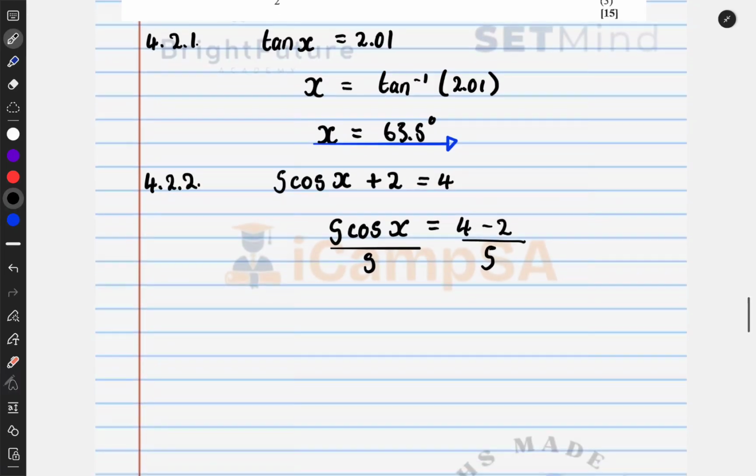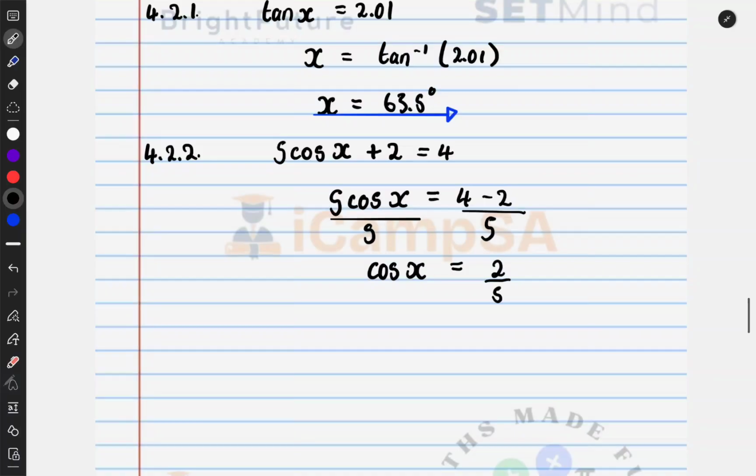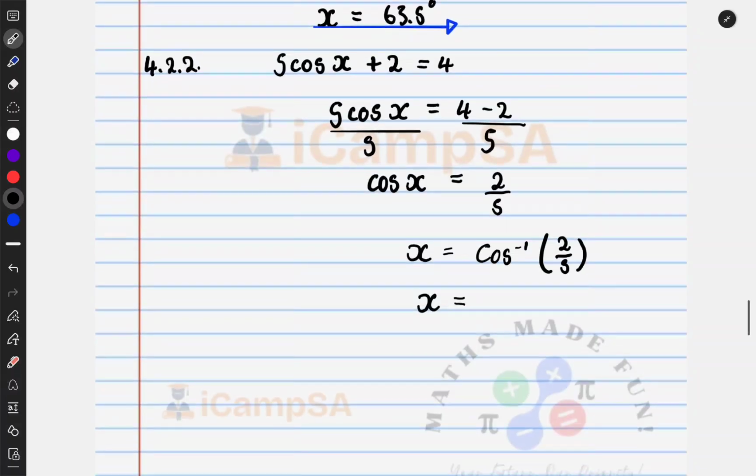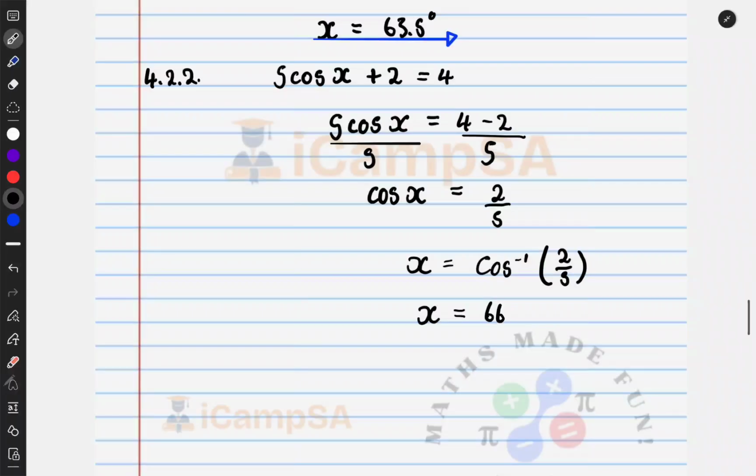So we have cos x is equal to 2 over 5, and then once again let's isolate x. x is equal to cos inverse of 2 over 5. Therefore, x is equal to 66.4 degrees.